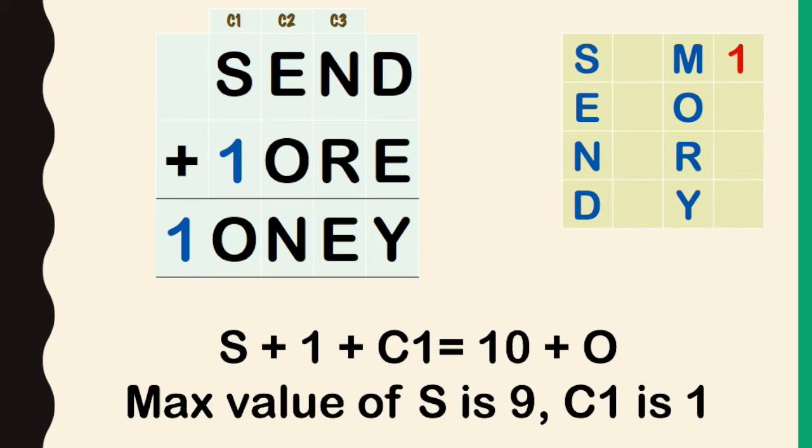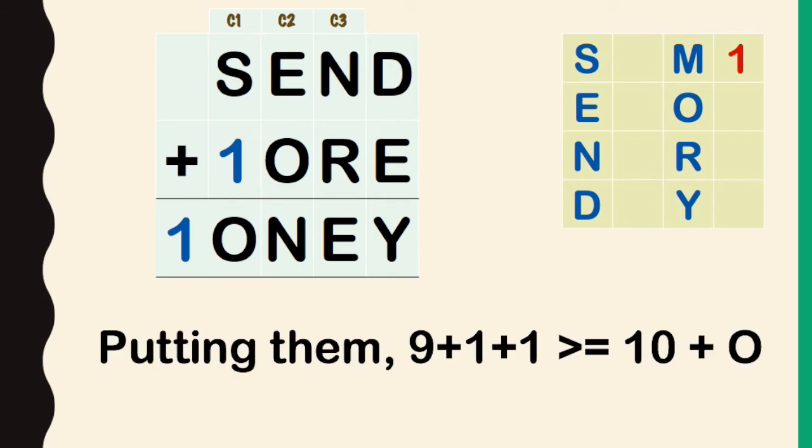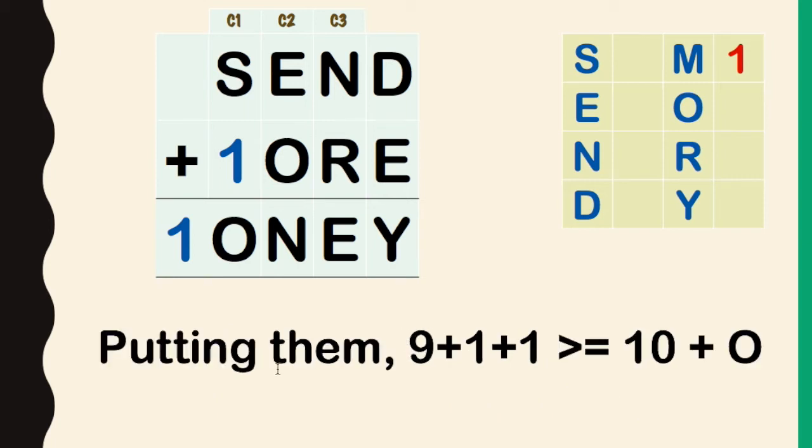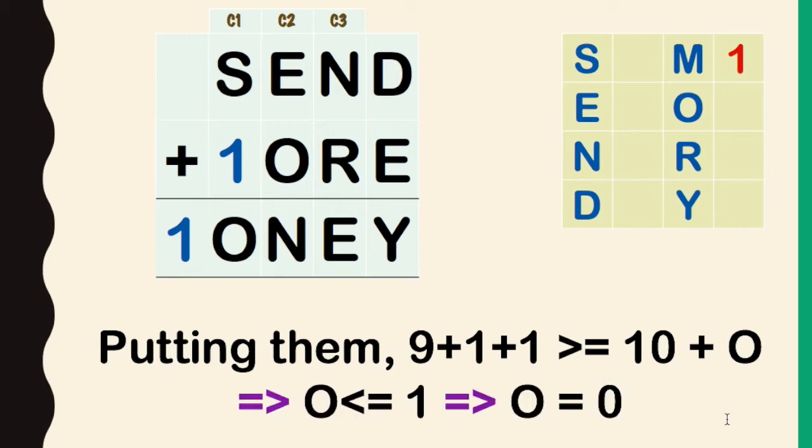So if we put these values in, 9 plus 1 plus 1 is greater than or equal to 10 plus O, because this is the maximum value. Or we get O is less than or equal to 1, because 11 is greater than or equal to 10 plus O.